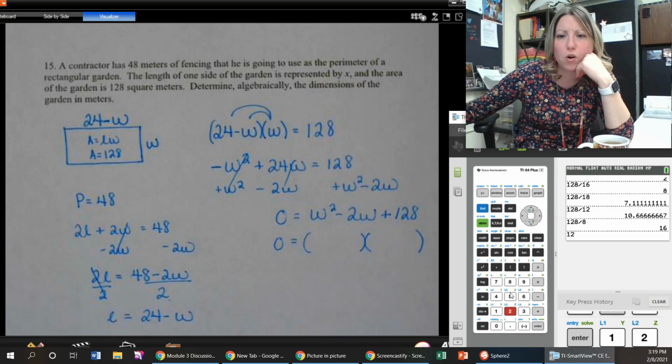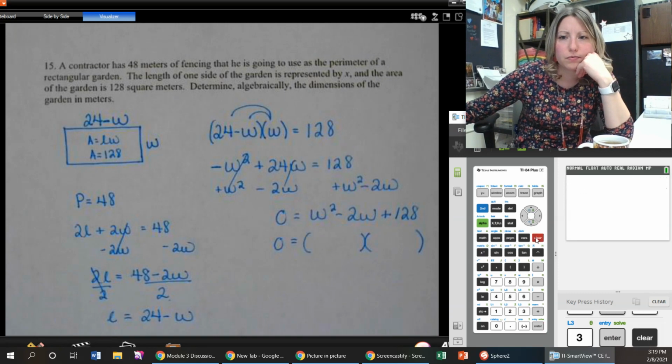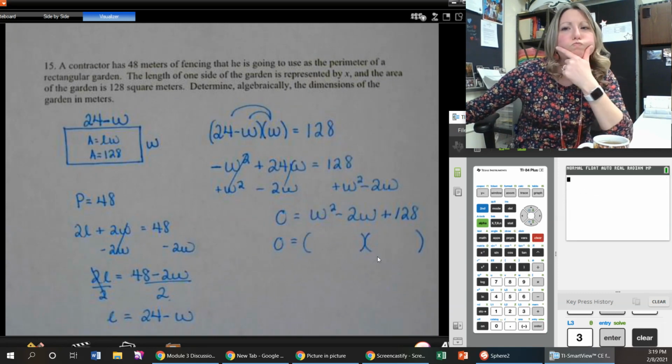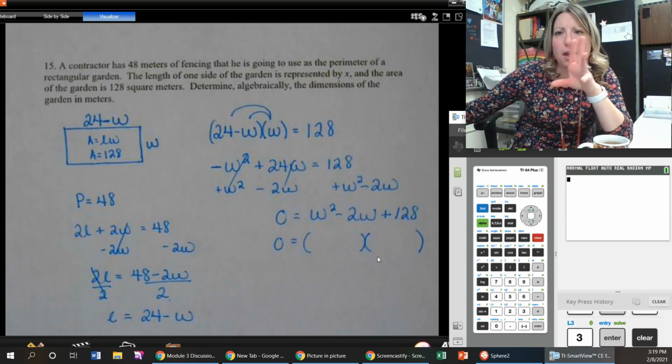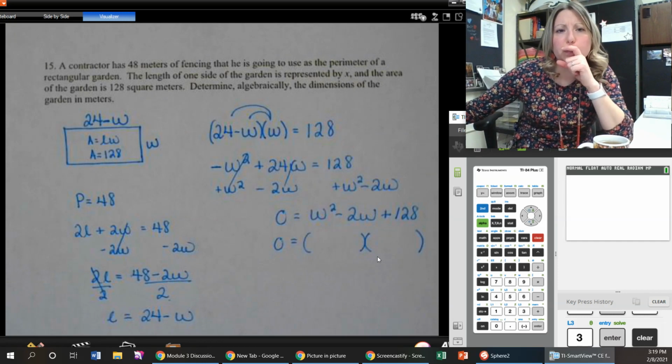What about 14? Oh, I was so close. Because it's negative and I'm adding to get the middle. Oh, that's not factorable.